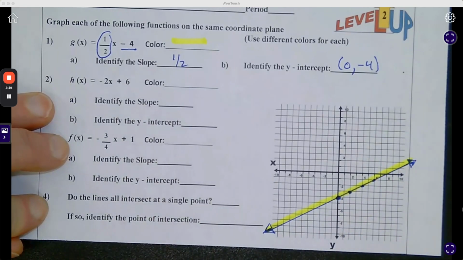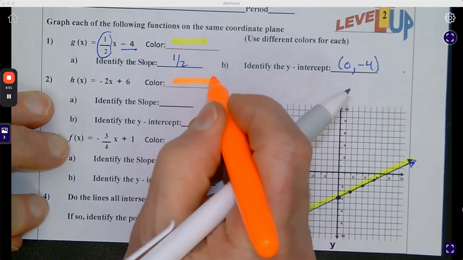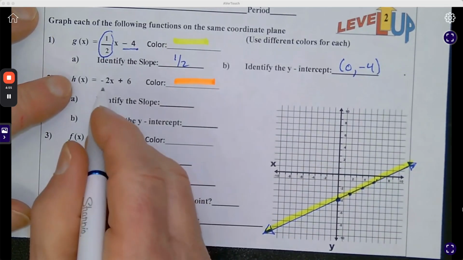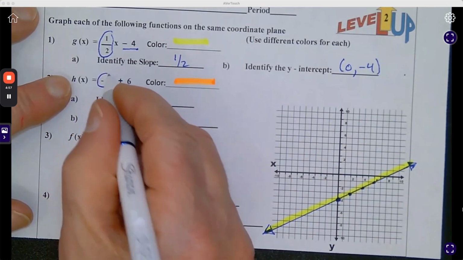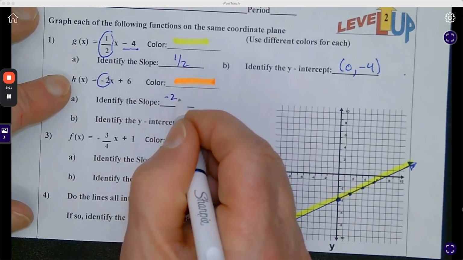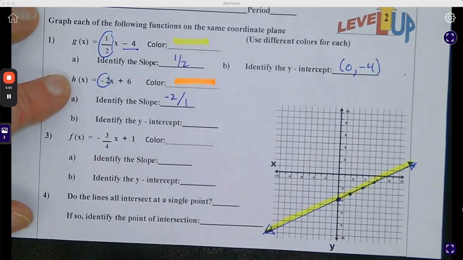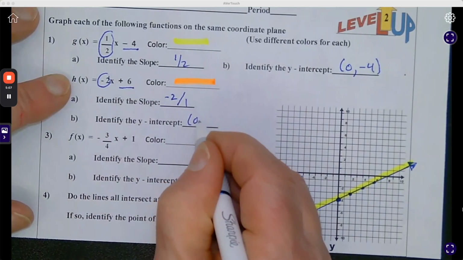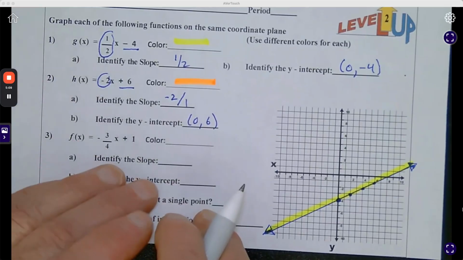That one's yellow. Now the next one, h of x, is going to be orange. There's my slope, negative 2. I like to make it a fraction, so because it's an integer, just put it over 1. The y-intercept is right there, (0, 6).